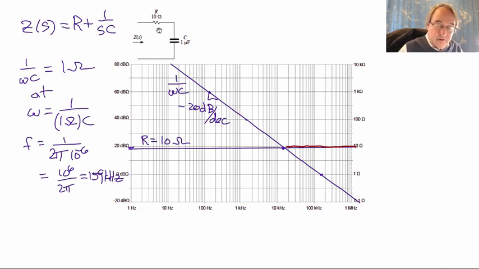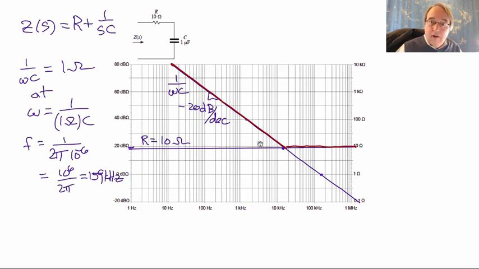Likewise, at low frequency, what happens is that the capacitor tends towards an open circuit. And at DC, the capacitor impedance goes to infinity, so it dominates the series combination, or the sum. So at low frequency, we follow the capacitor asymptote, like that.